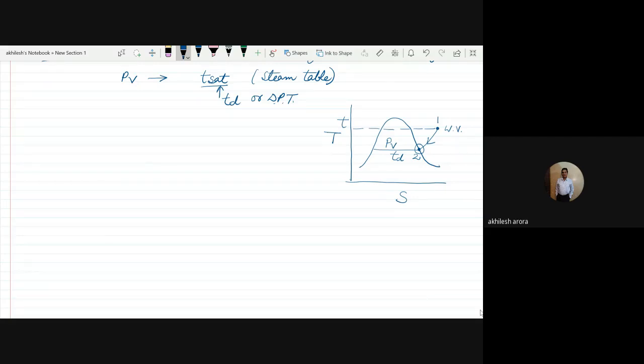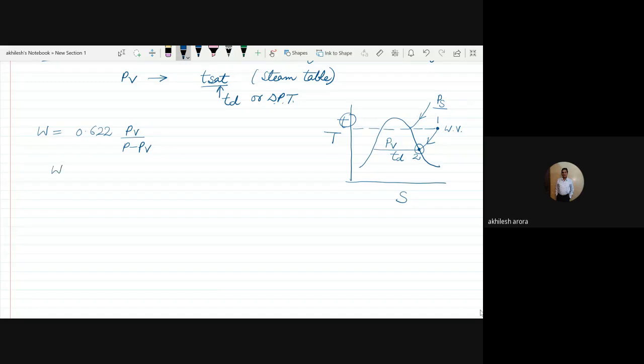And I was talking about PS. If you draw a line here, this line corresponds to the partial pressure at saturation, and this is corresponding to this particular temperature, which is the dry bulb temperature of the air. So now we have talked about the dew point temperature, and W, which is specific humidity. I told you it is equal to 0.622 PV over P minus PV.